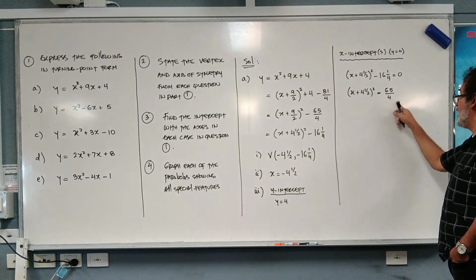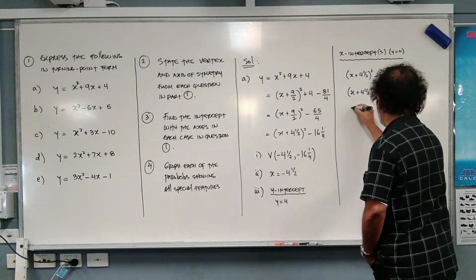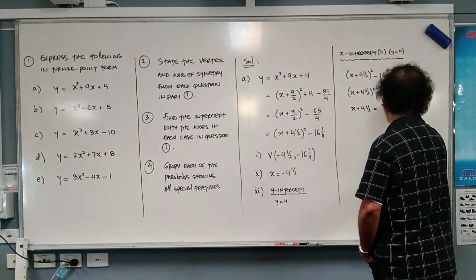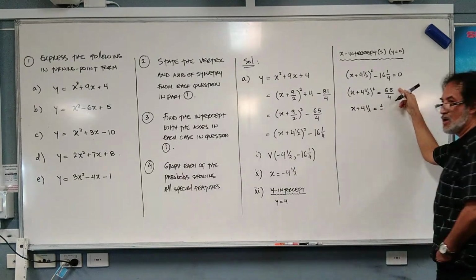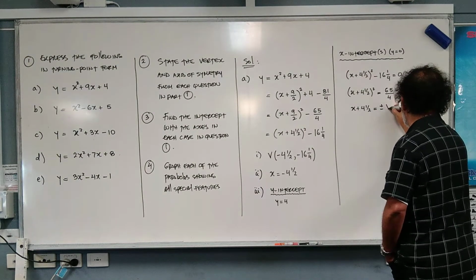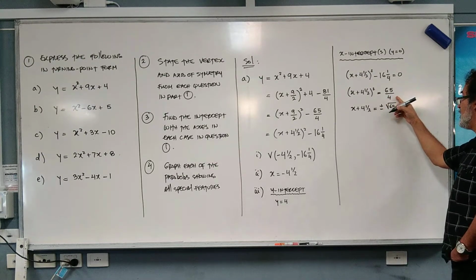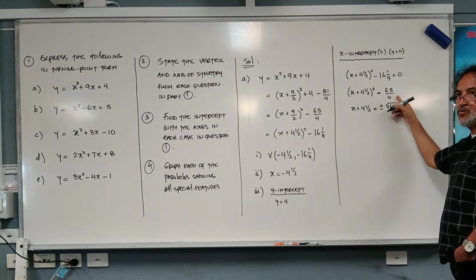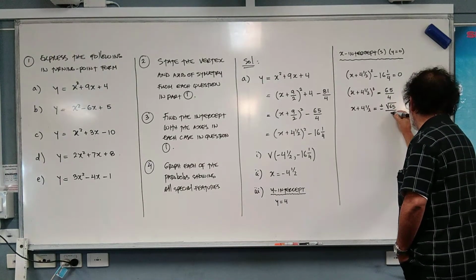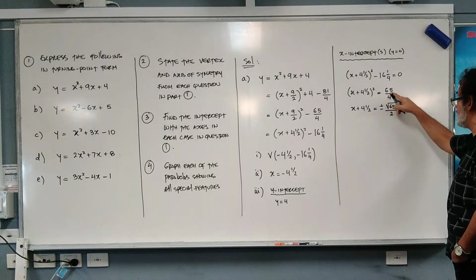Then we take the square root, so we have x plus 4.5 is equal to plus or minus the square root of 65 over the square root of 4. We cannot simplify the square root of 65, so we just leave it like that, but we can simplify the square root of 4, which is 2. That 2 is coming from the square root of 4.